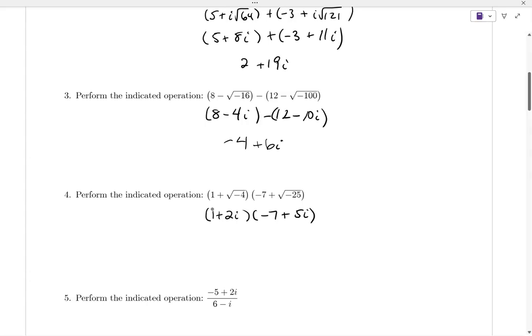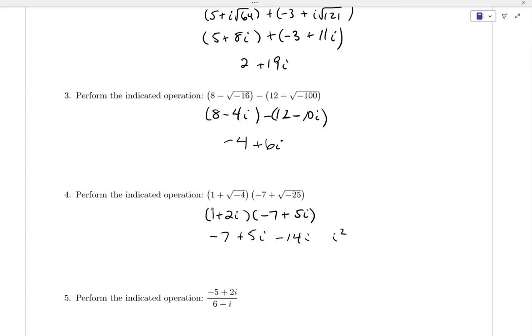Then what do we do? You multiply it all out, so what do you get when you multiply? Ooh, careful. I agree, it's i squared.